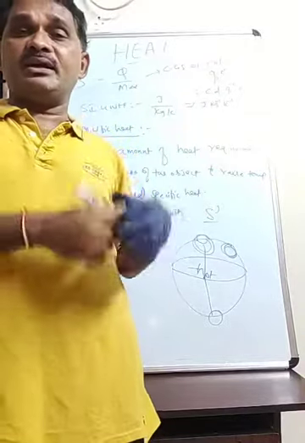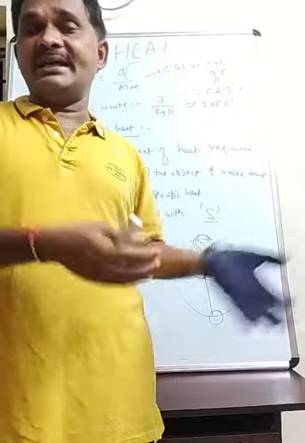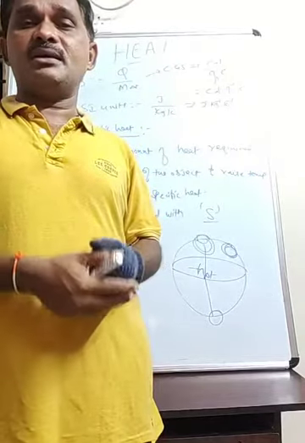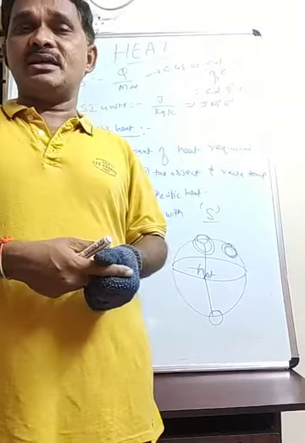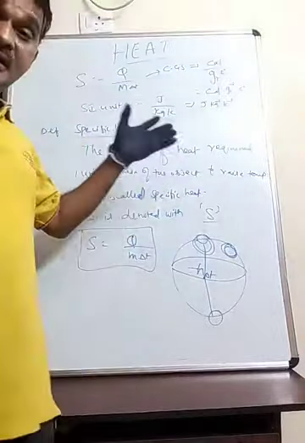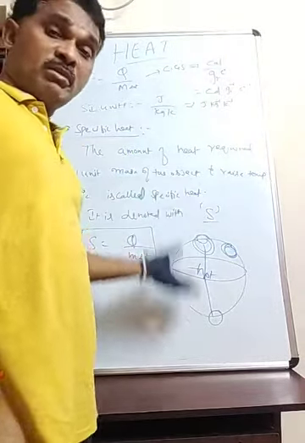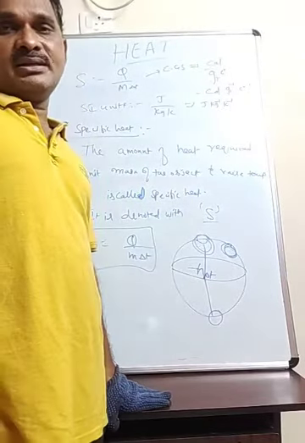After that, the relation between temperature, absolute temperature and kinetic energy. Then we discussed specific heat, then thermal equilibrium, then the specific heat derivation, formula, definition, and applications. Up to now we discussed it.